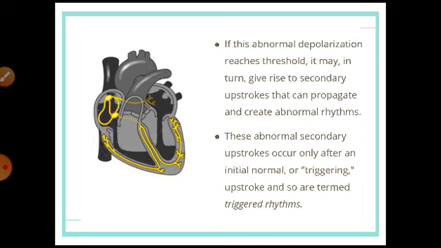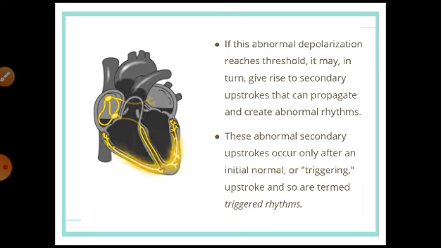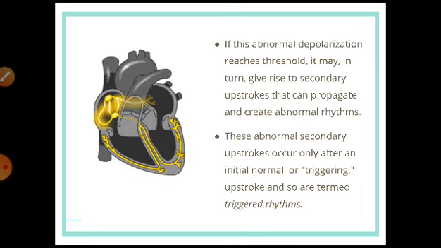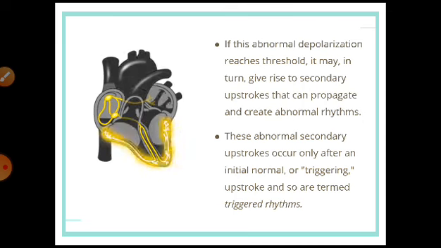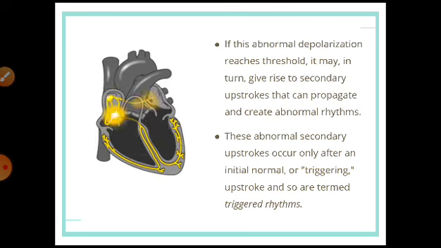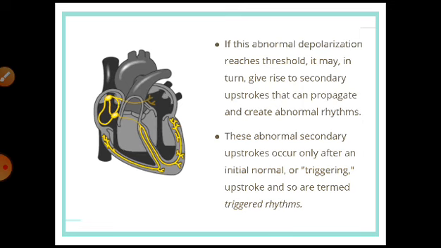Usually an abnormal depolarization dies before it reaches threshold. But when it does reach threshold, it generates an impulse at a time when it was not needed. This extra impulse generated at the wrong timing disturbs the heart's conduction system, so it propagates and creates an abnormal rhythm.